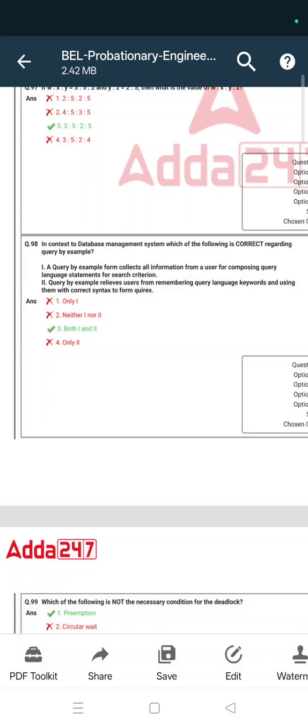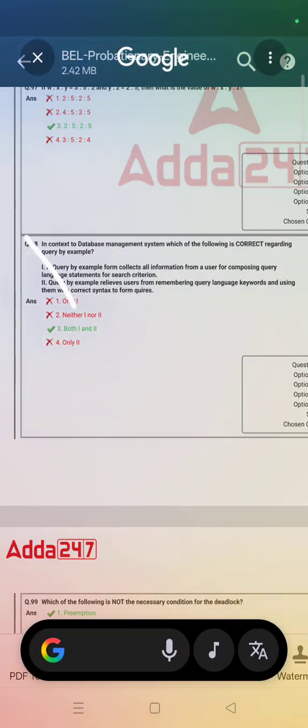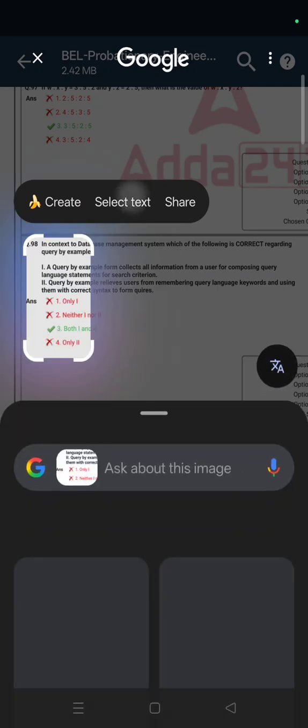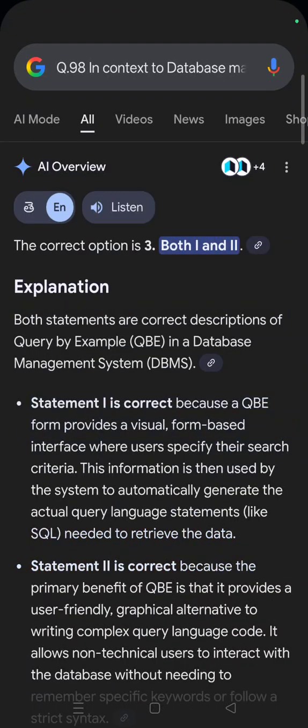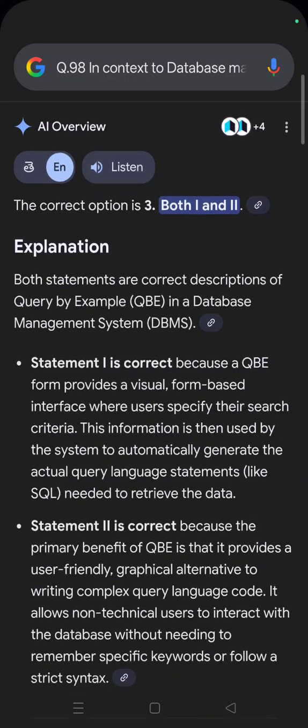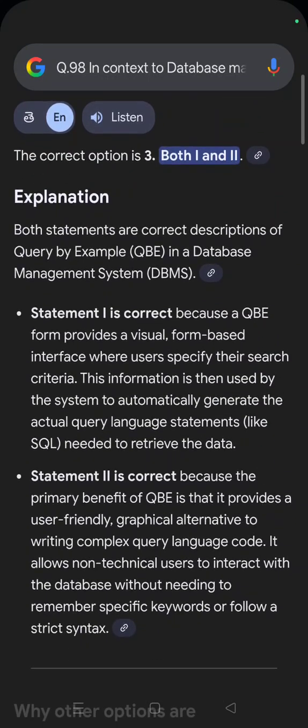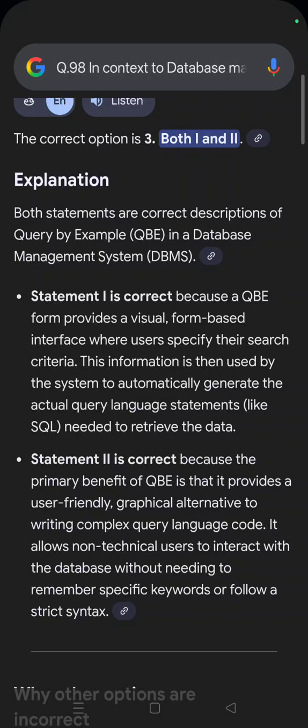Statement 2: Query by example relieves a user from remembering query language keywords and using them with correct syntax in queries. Both statements are correct descriptions of query by example (QBE) in a database management system (DBMS).